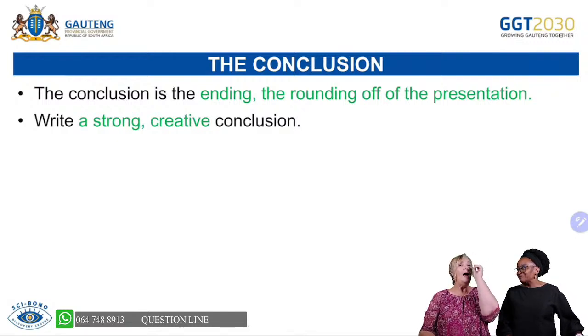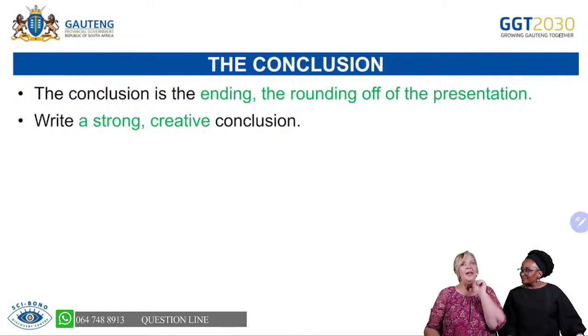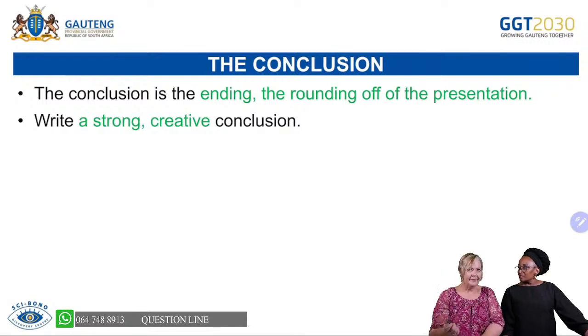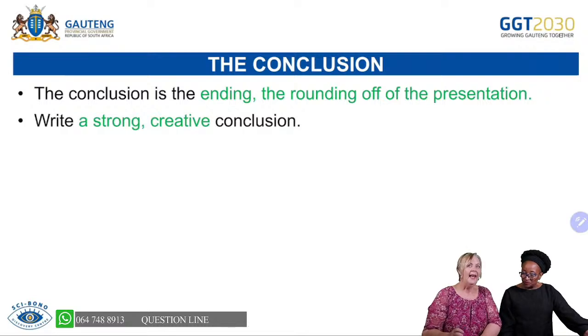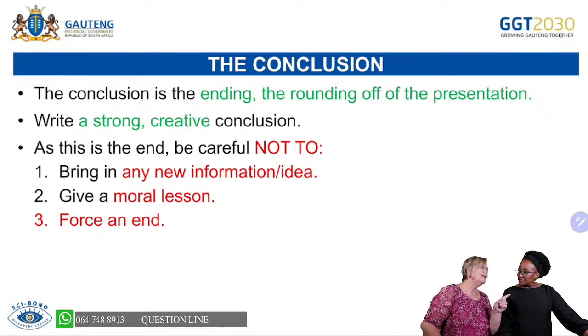So, but I want you to think about that, speaking of pictures, when you write your conclusion, because your conclusion should be just as strong as your introduction. It must be creative, it must be strong, and it must bring your ideas full circle. Exactly. There are just a couple of things that you should not do.